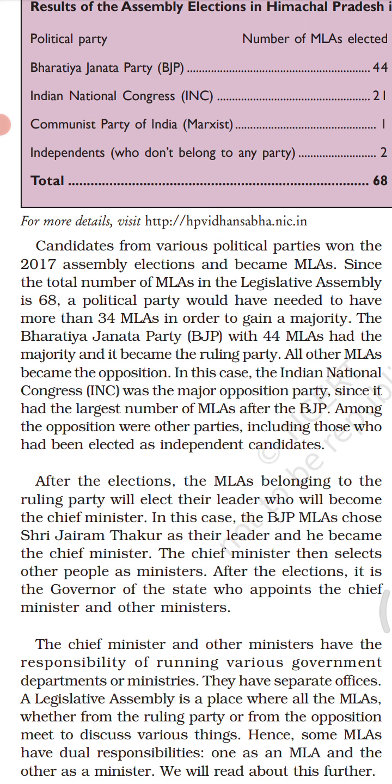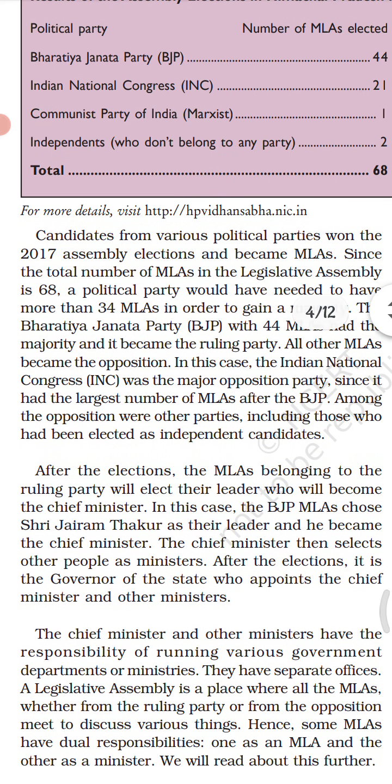The Bharatiya Janata Party with 44 MLAs had the majority and it became the ruling party. So BJP got 44 seats or 44 MLAs. So that became the ruling party, the majority party. All other MLAs became the opposition.